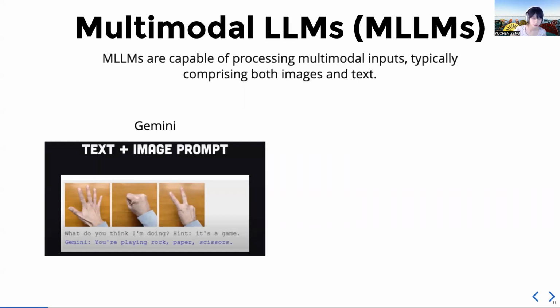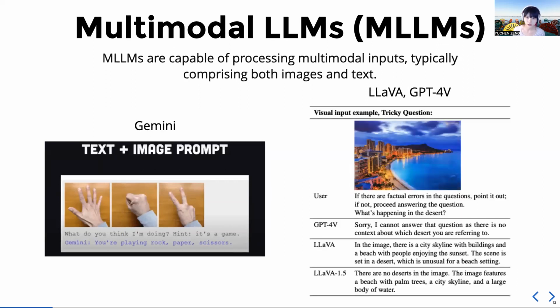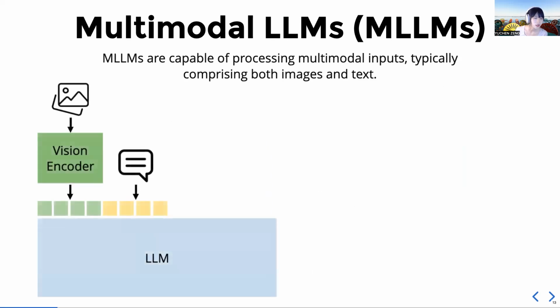One of the most famous MLMs is Gemini. In this example, we have a text plus image prompt. We give some images and ask Gemini what this person is doing, and Gemini gets the correct answer. There are also many other famous MLMs such as LLaVA and GPT-4o.